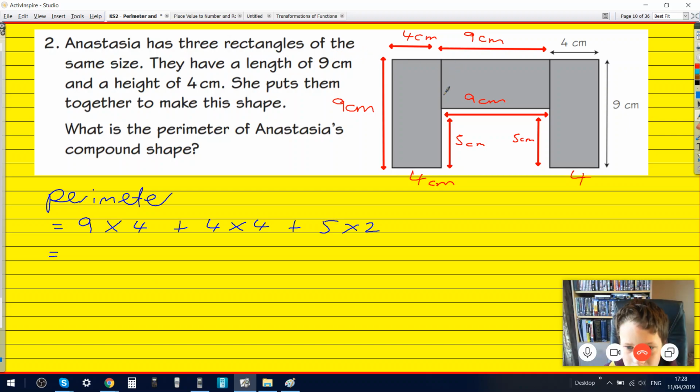Yeah, so that's not included because that's inside the shape. So I was thinking maybe we should include those as well. No, you wouldn't need to. So do you want to try getting the perimeter on paper? Yeah, okay. Because it's a lot to try to hold in your head, all that.